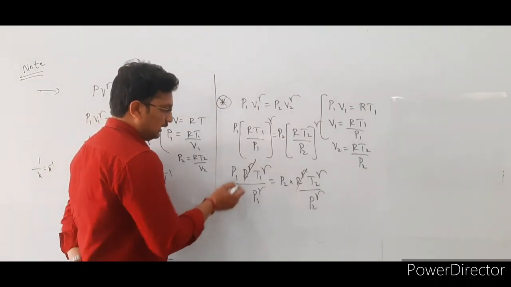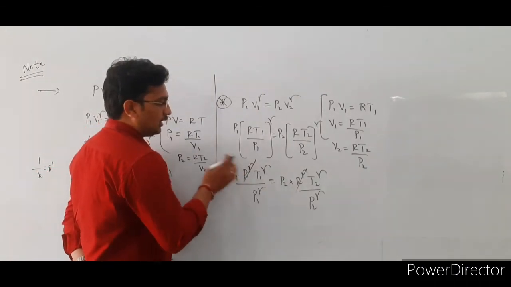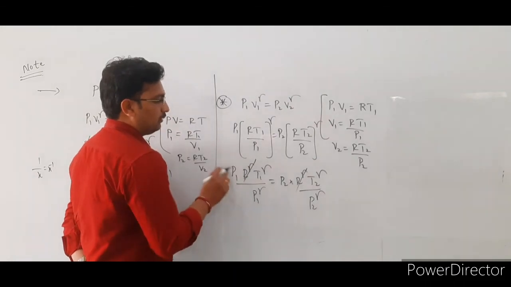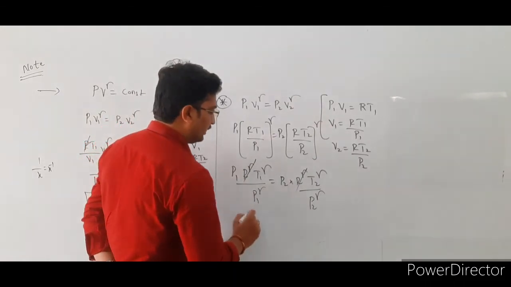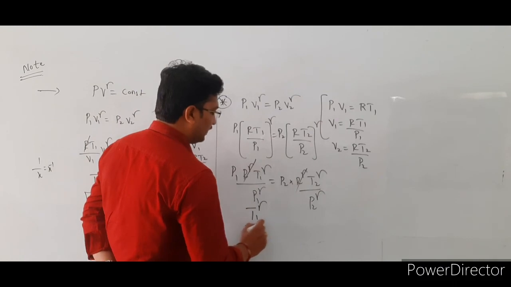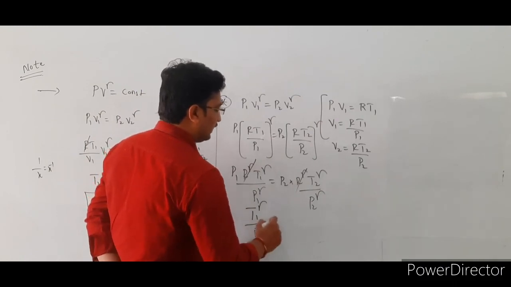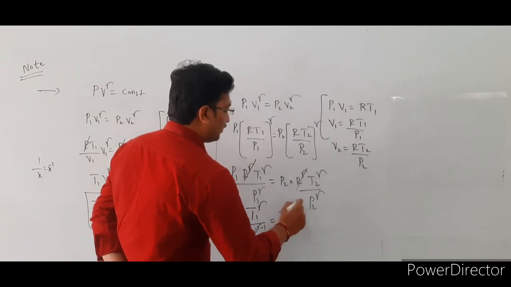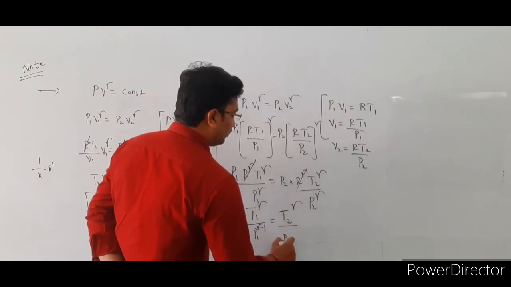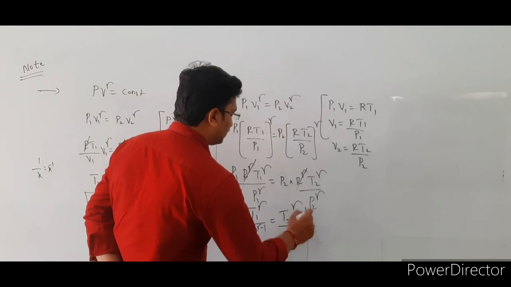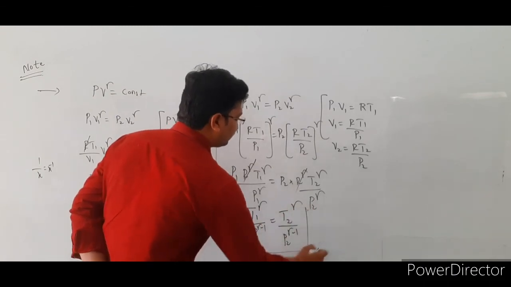Okay, in this case take the P1 term to the denominator, then the equation becomes T1 to the power of gamma divided by P1 to the power of gamma minus 1, that is equal to T2 to the power of gamma divided by P2 to the power of gamma minus 1. So this is the relation.